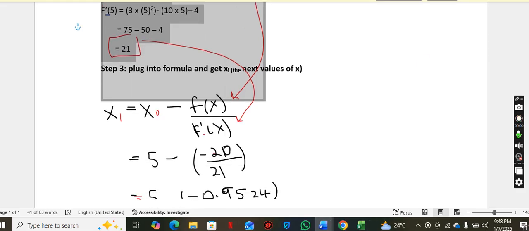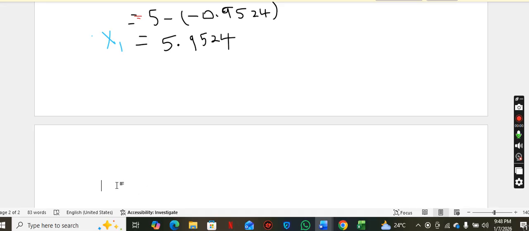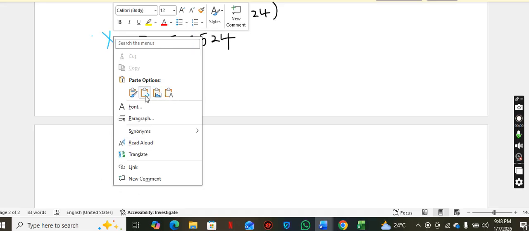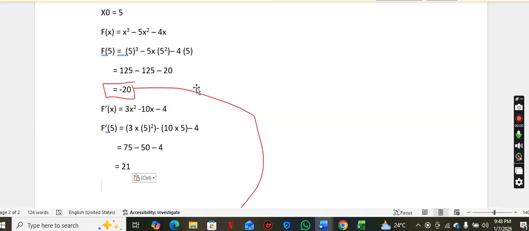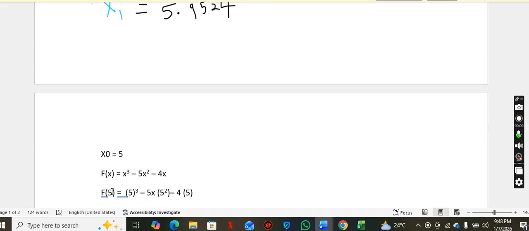In the exam, after you've answered the questions you are comfortable with, you come to these ones. Not you start with this one and you start getting confused. So we're substituting 5.9524 into the original equation.